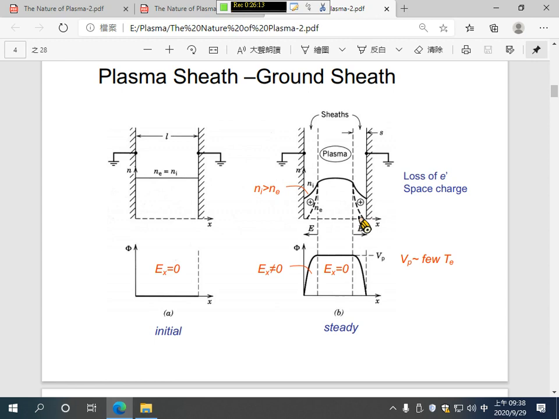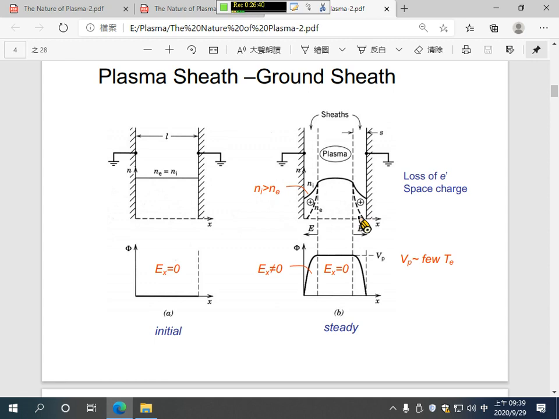Okay, so the result is n_i is greater than n_e. So in this region, there is more positive charge than negative charge. And this region has a positive space charge. Positive space charge, okay.